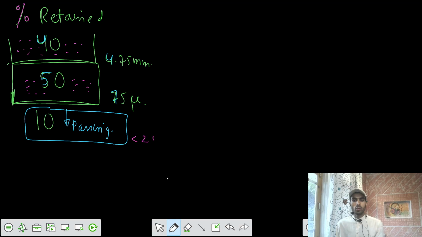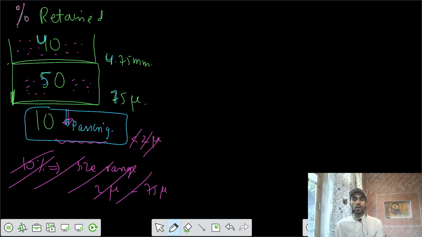This 10% means its size is in the range of less than 75 micron. We don't care about this part actually.